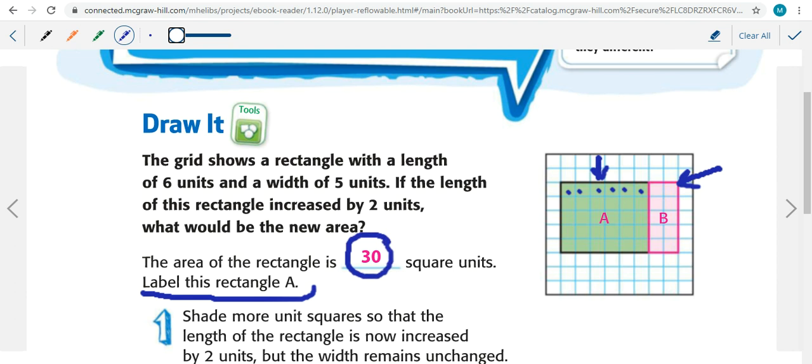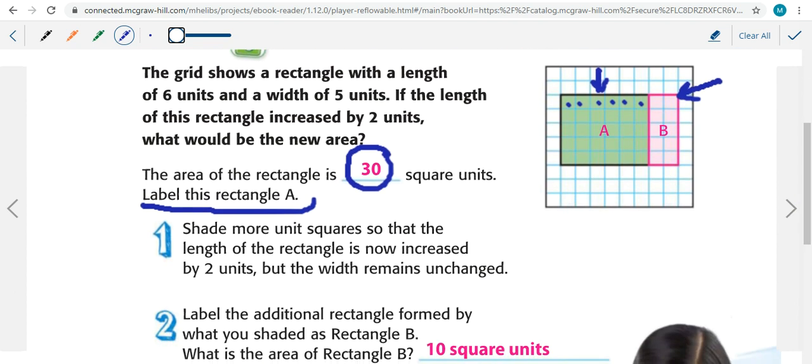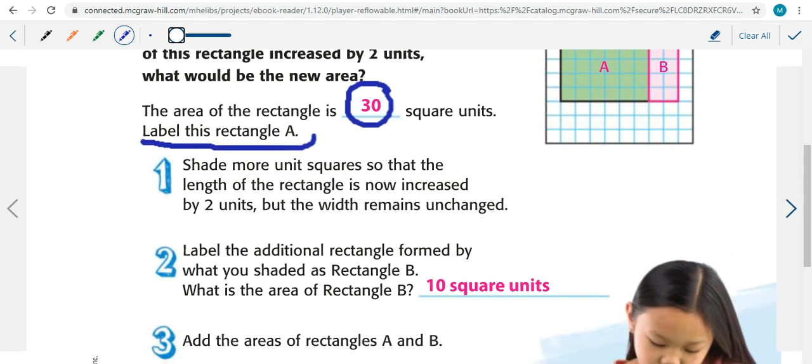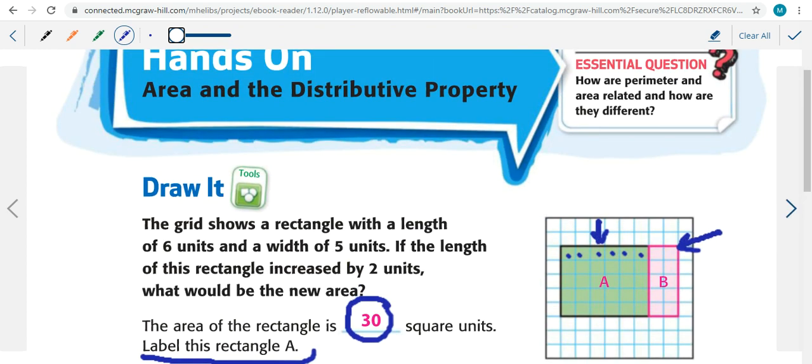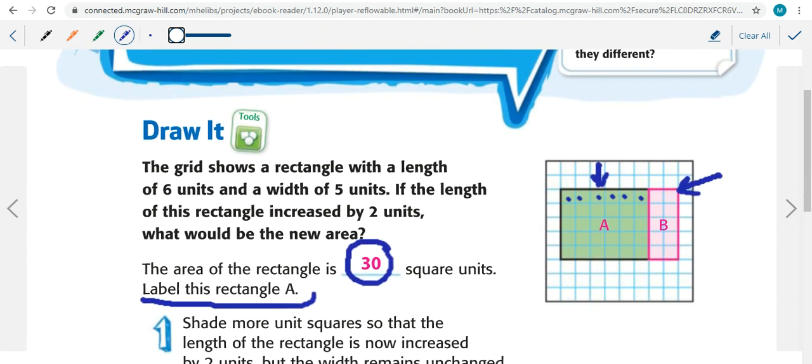There are 30 unit squares on rectangle A. Now, if we shade 2 units more with the same width, we are adding 10 more squares. 10 more unit squares. You just need to count them. 1, 2, 3, 4, 5, 6, 7, 8, 9, and 10.